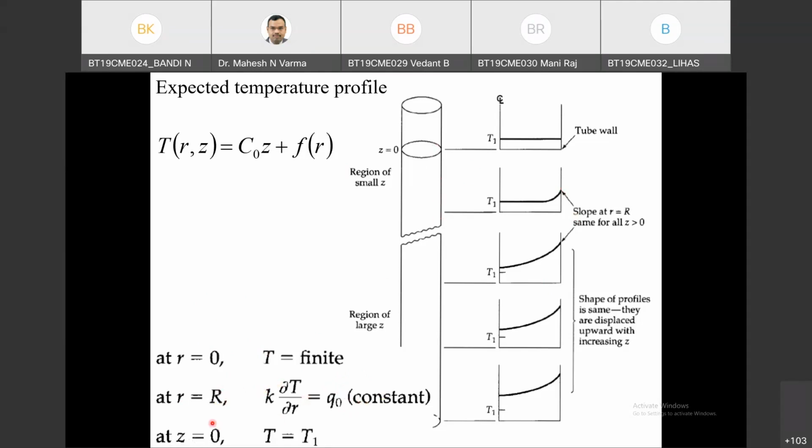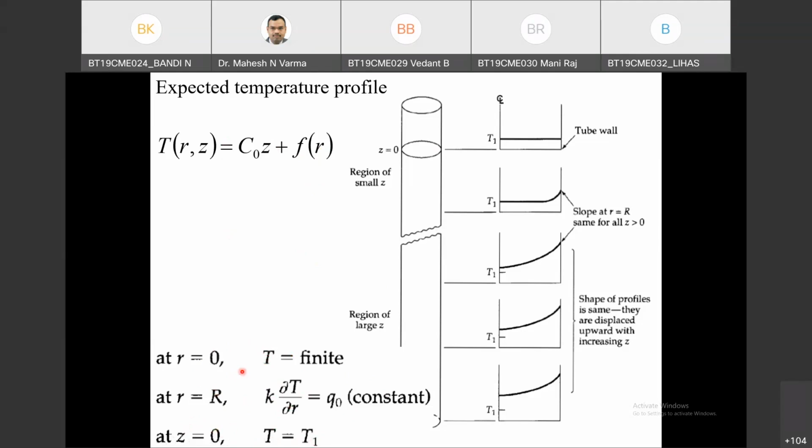And the third boundary condition is that the initial temperature of the fluid is given. At Z equals 0, T is T1. So this is okay. This I can use, and I can solve the problem, because I am expecting that I will get a second order differential equation with respect to R, but a first order differential equation in Z. At Z equals 0, T equals T1, will I be able to solve this problem?